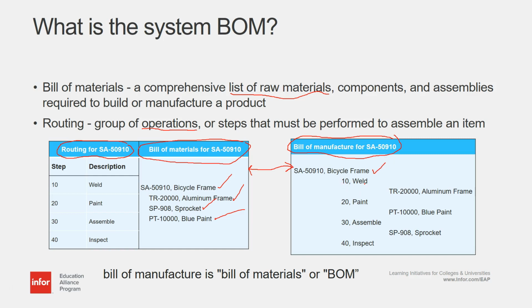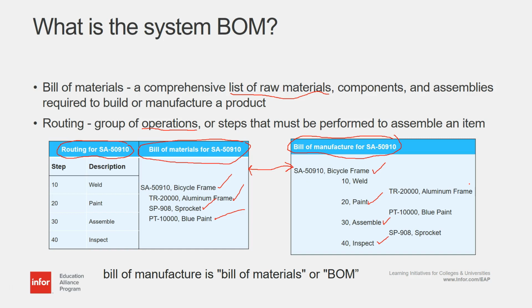You have the welding, which is step 10 rather, of the aluminum frame. You have the blue paint to paint the frame. To assemble the frame, you need the sprockets, and then you need an inspection. So this bill of manufacture, bill of materials, one and the same.